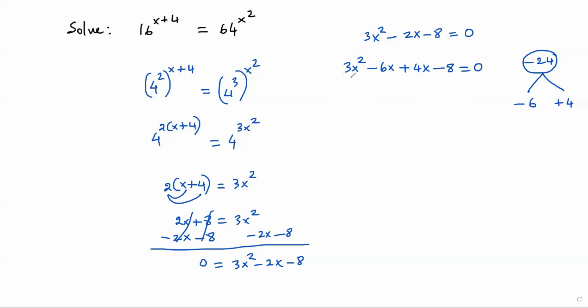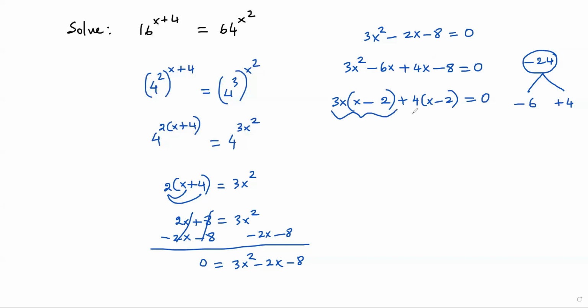Clearly it's 3x, because both 3x² and 6x have the greatest common divisor 3x. If I factor 3x out, I'll be getting 3x(x − 2). And from the second group, the greatest common divisor of 4x and 8 is just 4. So we can factor 4 out, then I'll be getting 4(x − 2) equals 0.